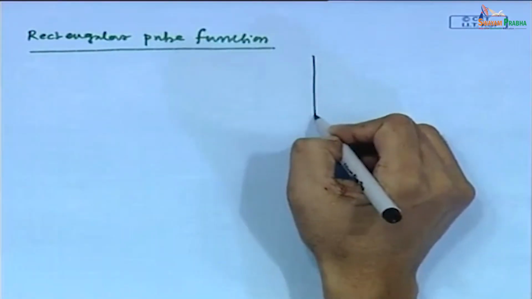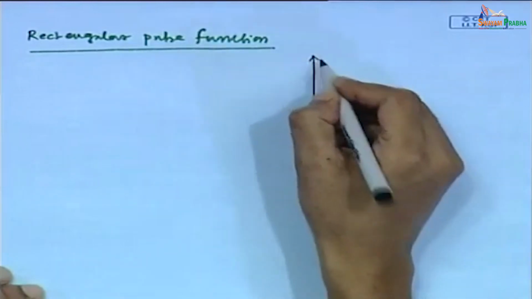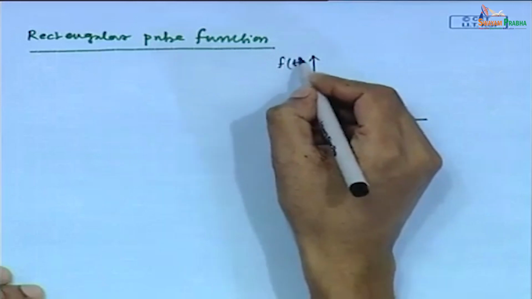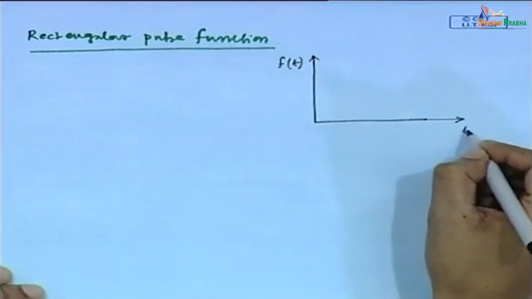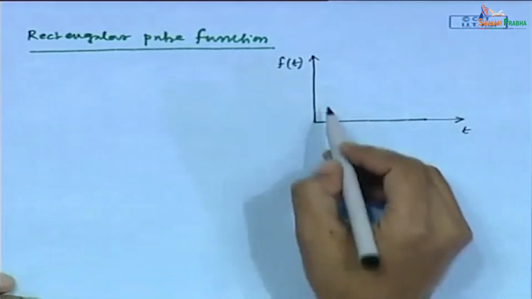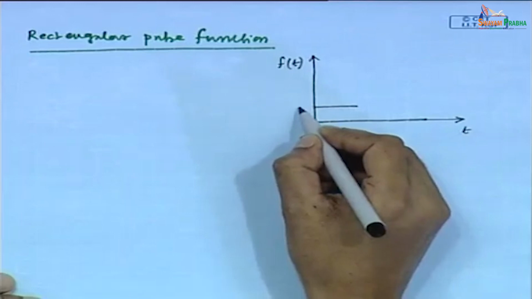So, this is f t and this is time t. Initially, f t is 0.